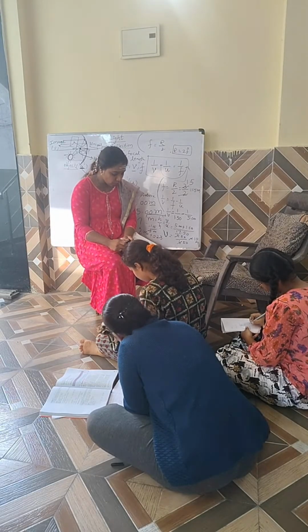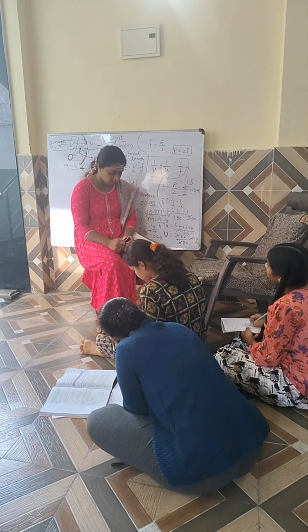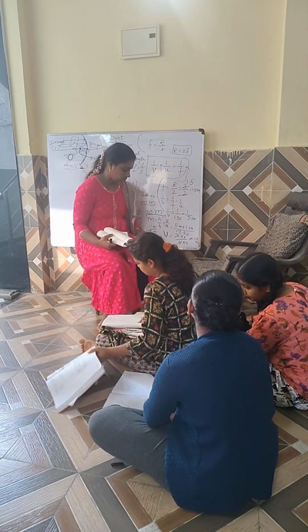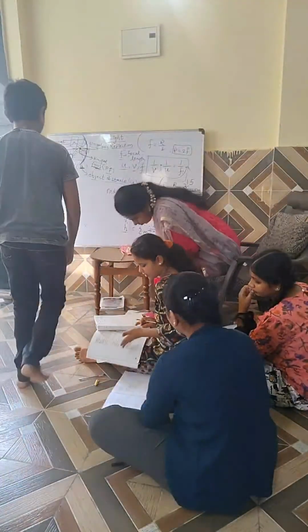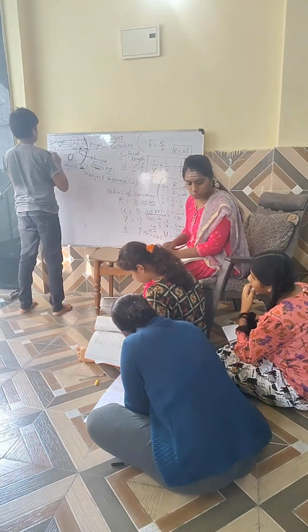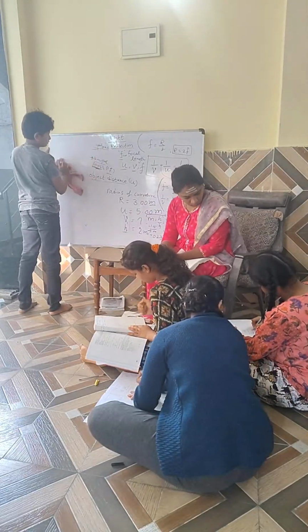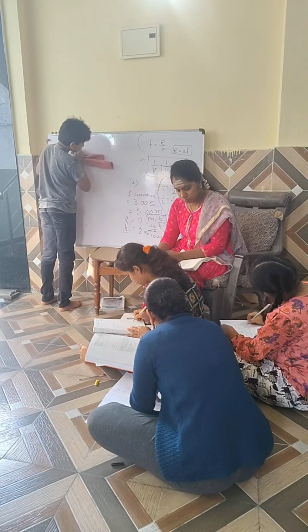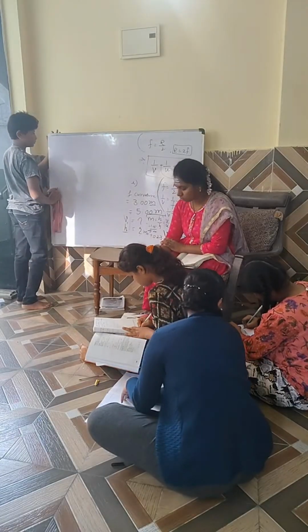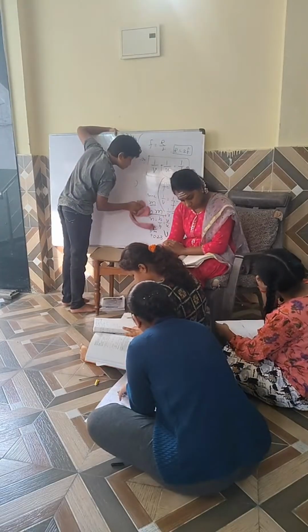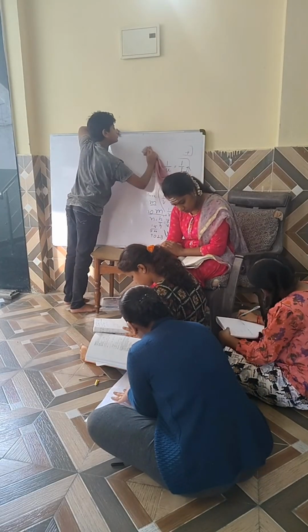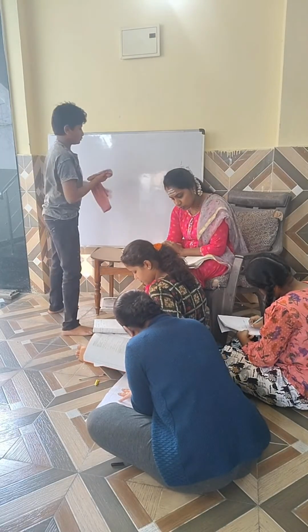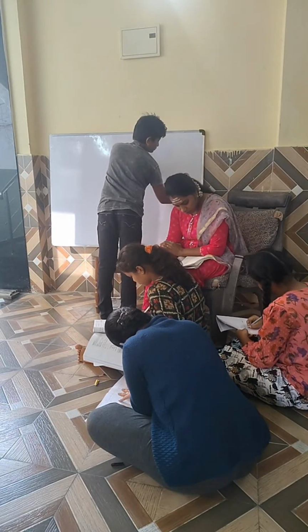An object 4.0 centimeter in size is placed at 25.0 centimeter in front of a concave mirror.